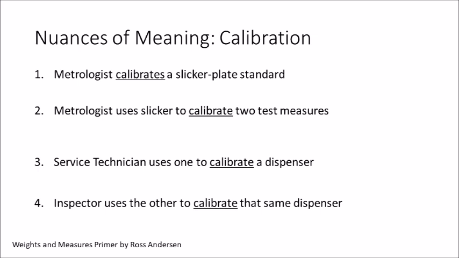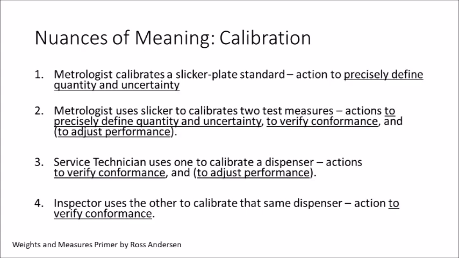One of those test measures belongs to a service technician who uses it to calibrate a fuel dispenser. And finally, after the placed in service report is received, the inspector is sent out to use the other test measure to calibrate that same dispenser. The issue is what's going on behind the scenes. What we see is the metrologist, in calibrating the slicker plate, took an action to precisely define the quantity and uncertainty.